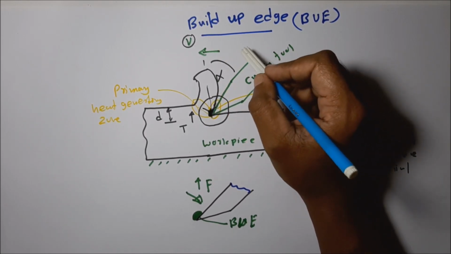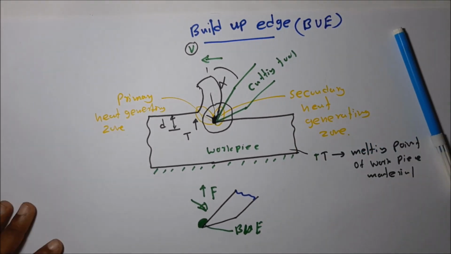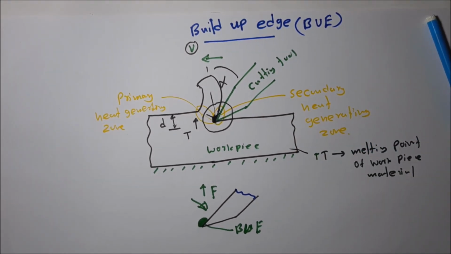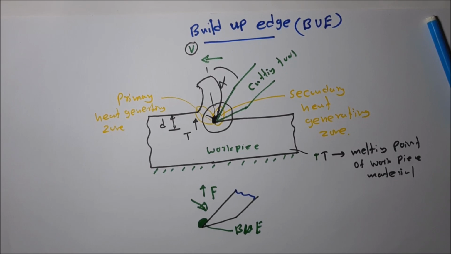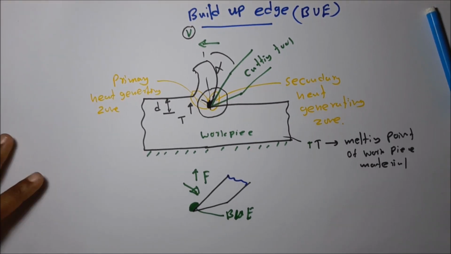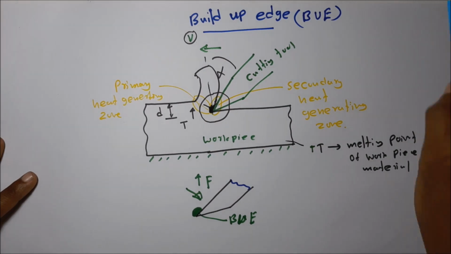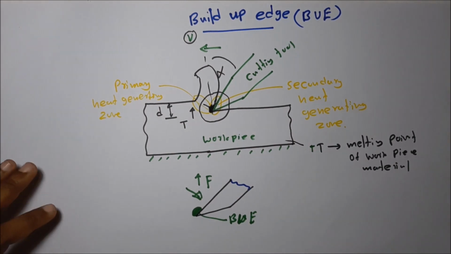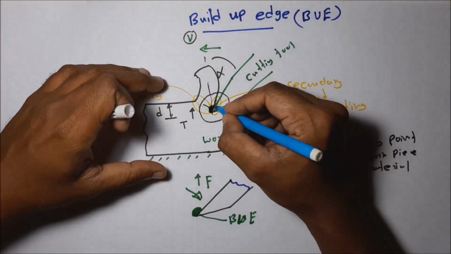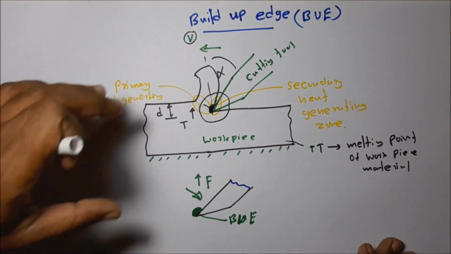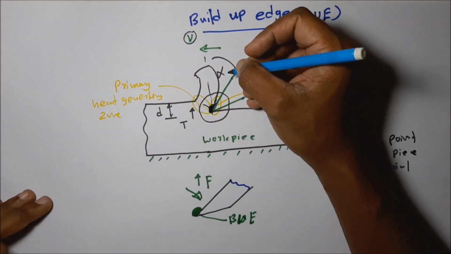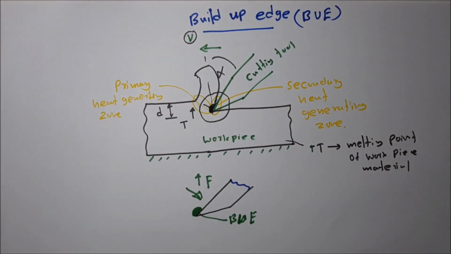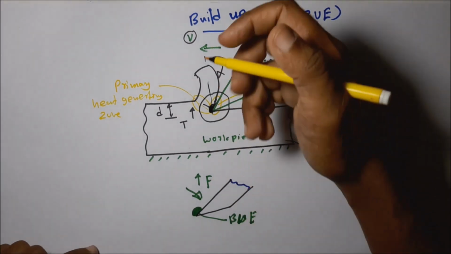By controlling these parameters, we can avoid the generation of built-up edge. Then another important thing is applying the coolant. The coolant is also very important to avoid the built-up edge.